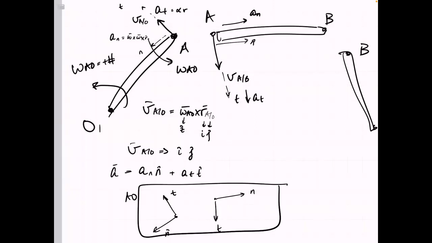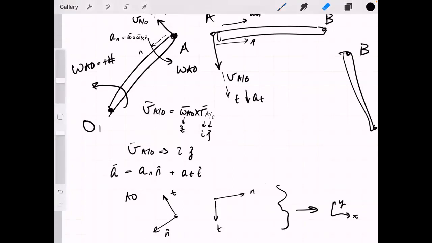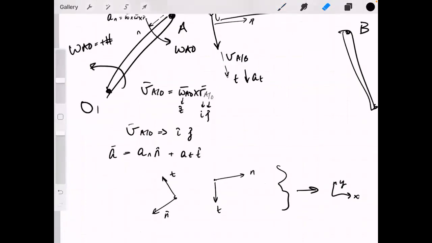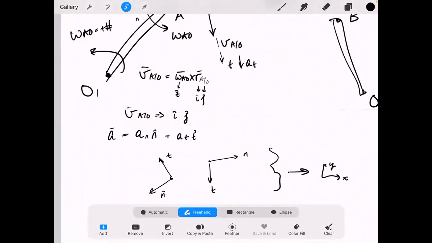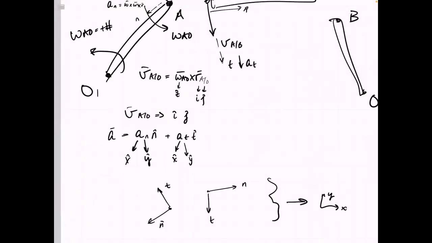In order to circumvent this, we can convert all of these to an X and Y coordinate system. And so we break down our normal into X and Y components and our tangential into X and Y components.